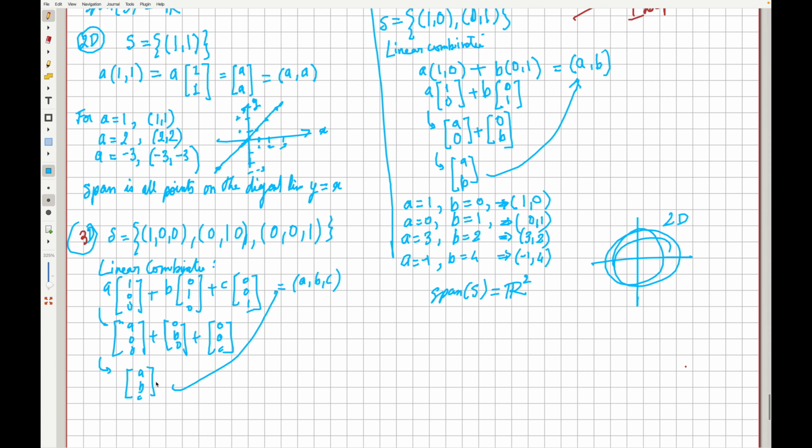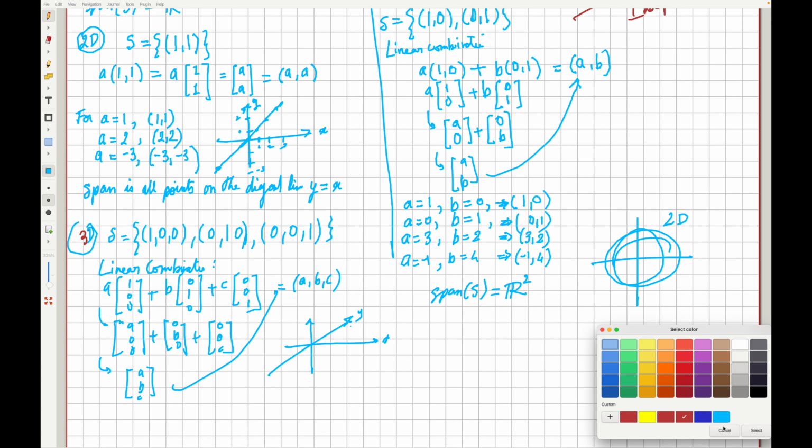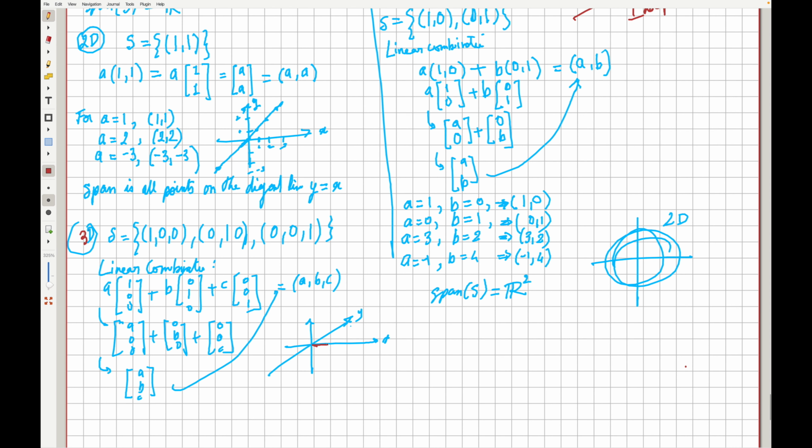And so with any values for a, b, c, we can get any point in the 3D space this time. So if we have x, y, and z with the values that we have here in the 3D space, using the combination of these three vectors, we can essentially get any point in the 3D space.